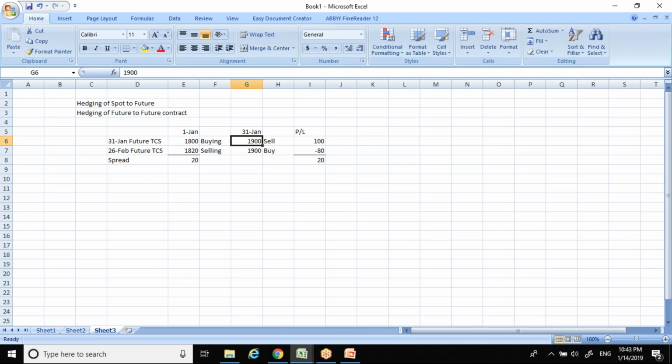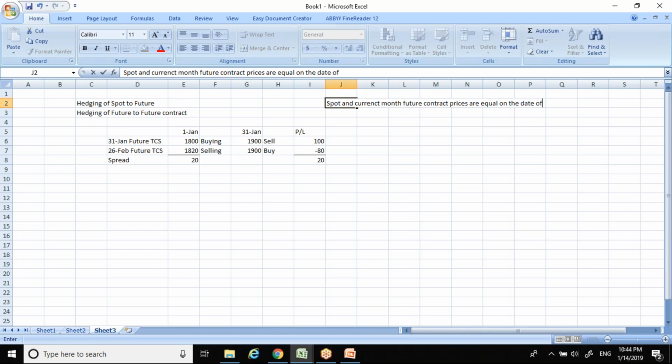Again, I'm repeating, spot and current month future prices are equal on the date of expiry. Why does this happen? Because of no opportunity cost.